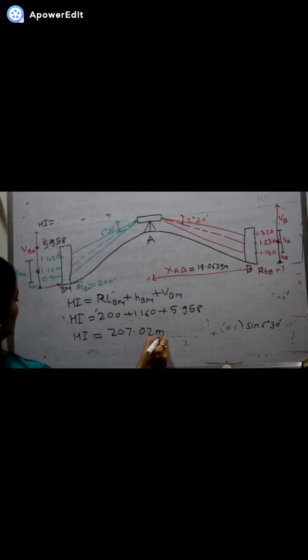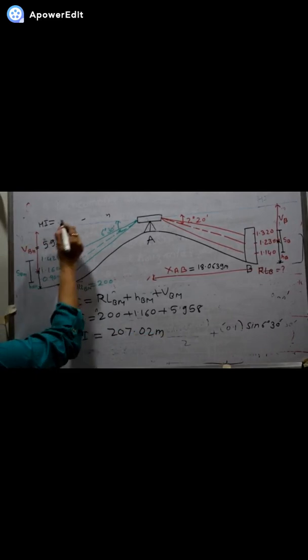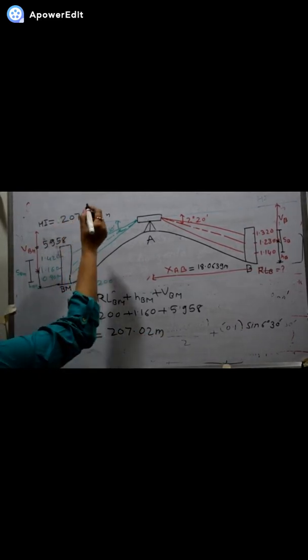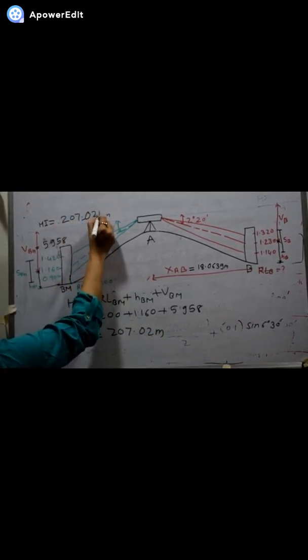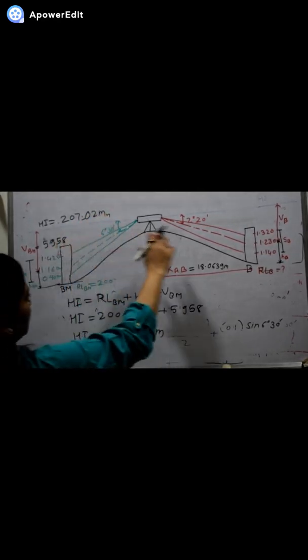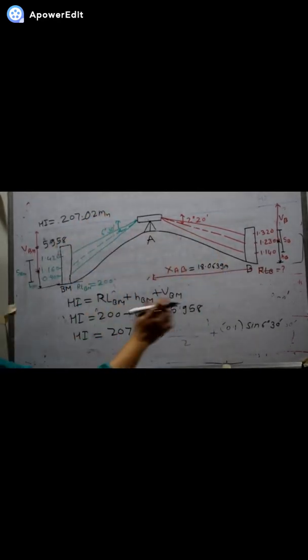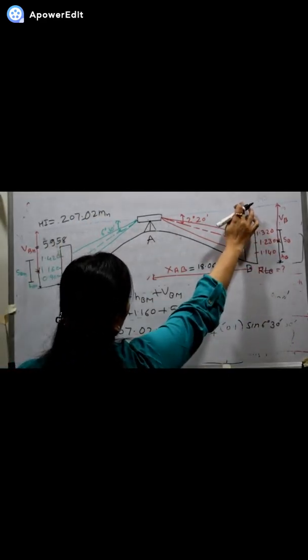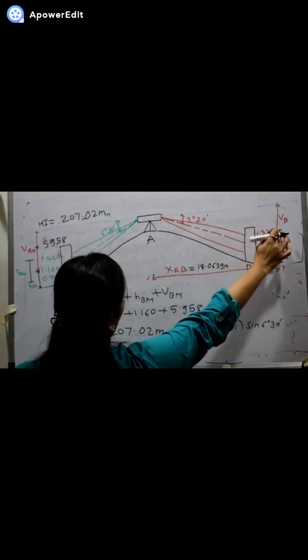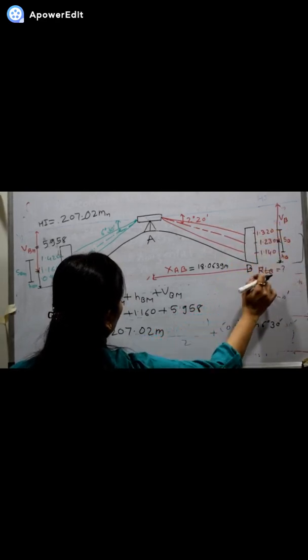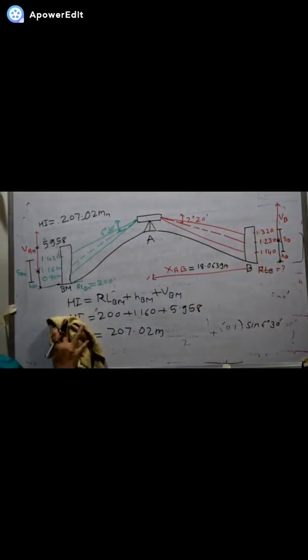So the HI is equal to 207.02 meter after calculation. Once we know the HI, now we have to calculate the RL of B. We know the height of instrument minus VB minus HB, we will reach to the RL of B.